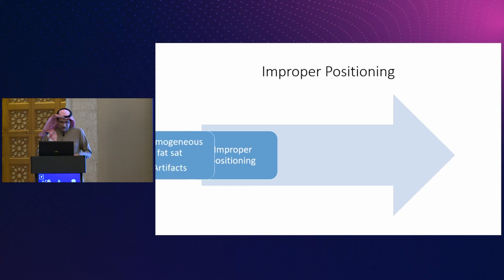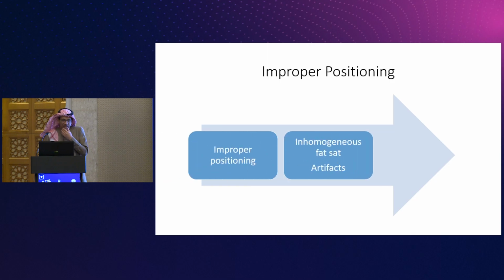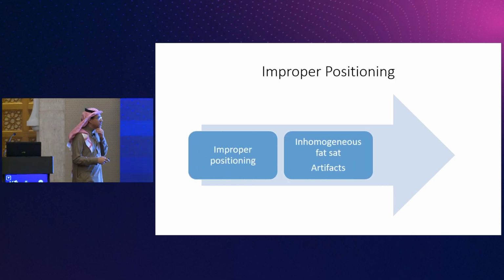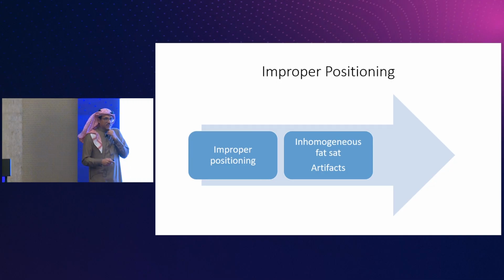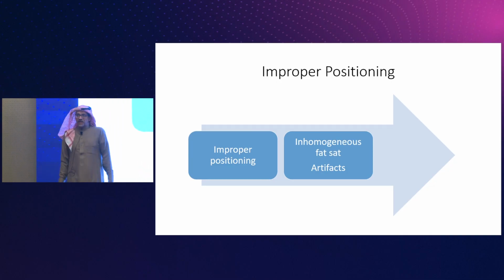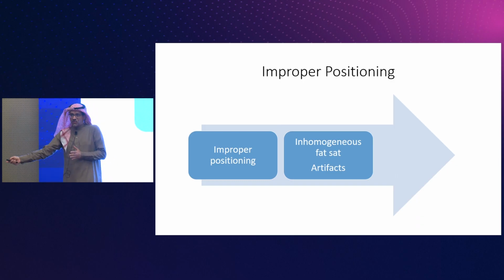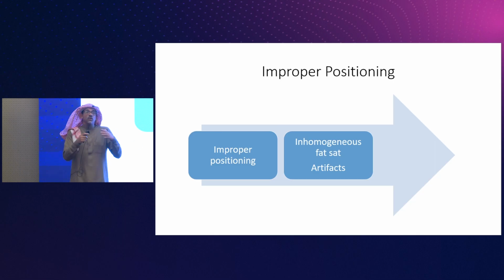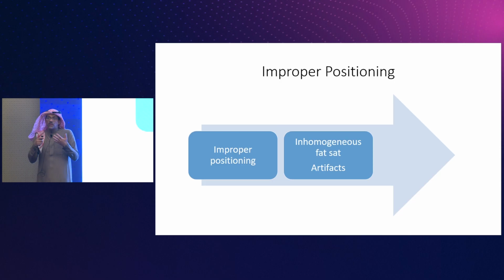Improper positioning leads to inhomogeneous fat sat. In all the organs we are imaging, the majority of the hydrogen atoms are in water, except breast. The hydrogen atoms come from fat. So I need good fat suppression to show the lesion or the pathology.